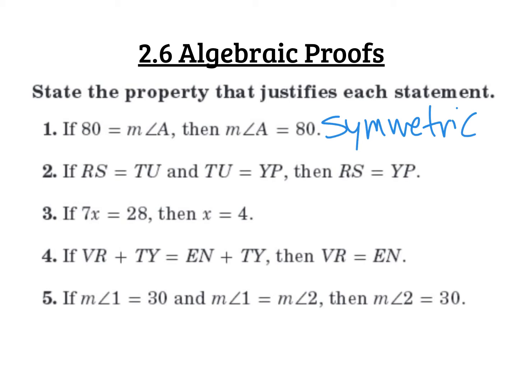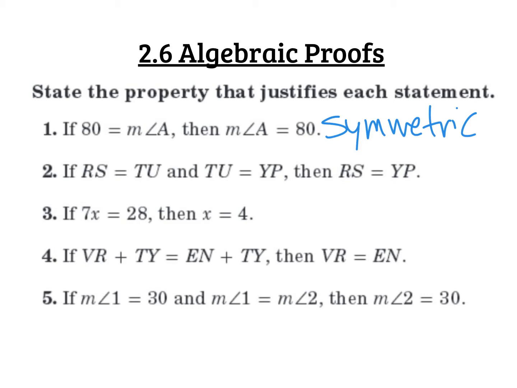The next one: if RS equals TU and TU equals YP, then RS equals YP. All this is saying is that if a segment equals another segment and that same segment equals another, the first one must equal the last one.